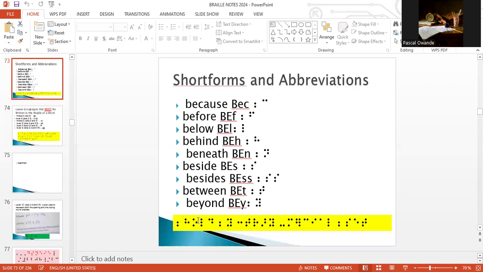The yellow part here, we have lower BHOLD, behold. Then there is lower BY, beyond. Then there is the contraction of con, which is middle C, dot 2 and dot 5: contrary.